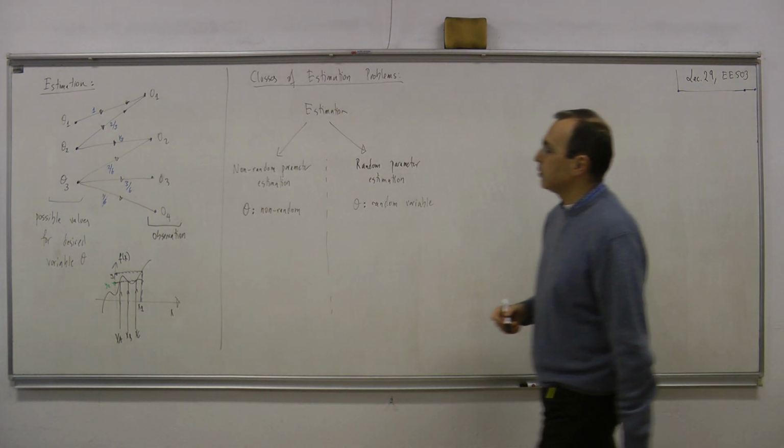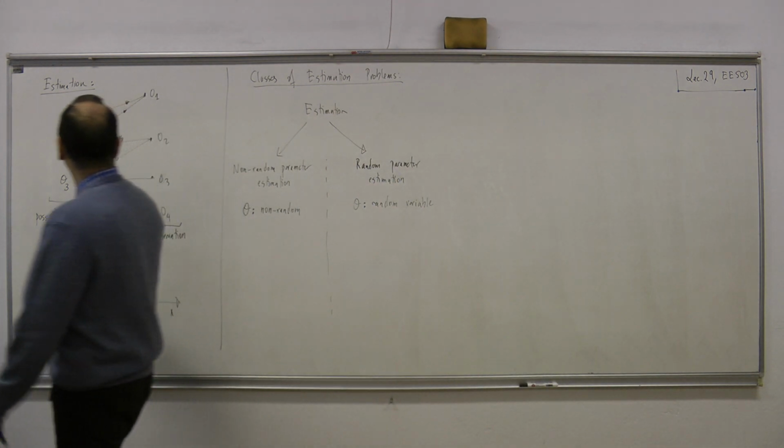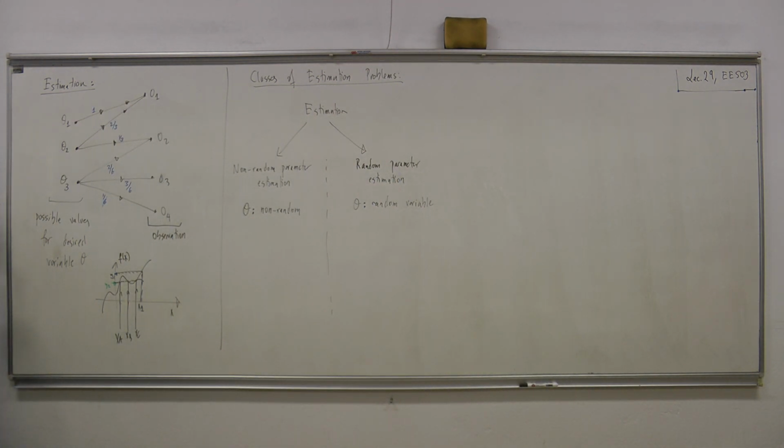Well, it makes a lot of difference because in one of the cases, you have prior information. For example, you have probability of theta 1 is equal to some number, let's say P1. In the other one, probability of theta 2 is P2. For this one, probability of theta 3 is, let's say, P3.